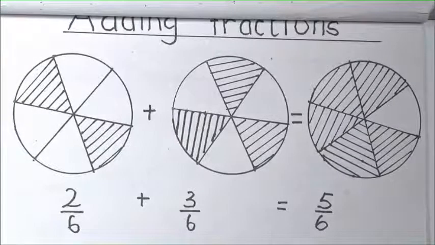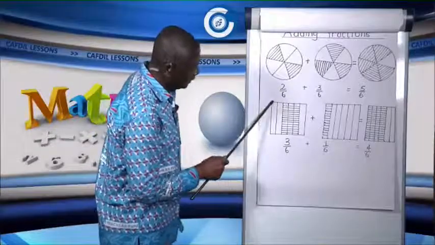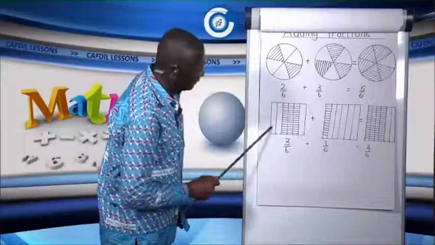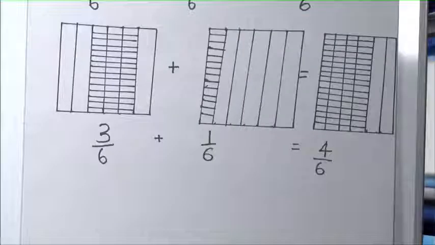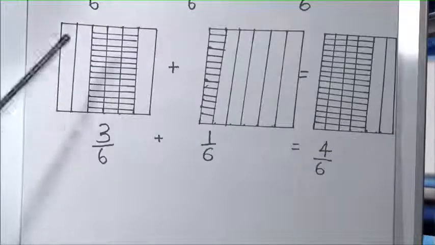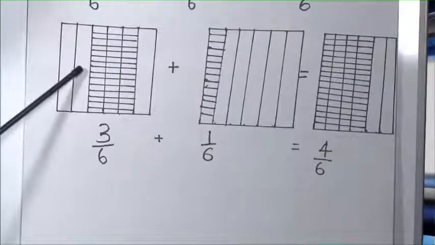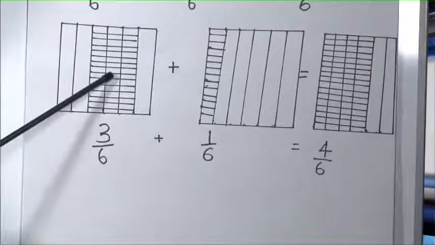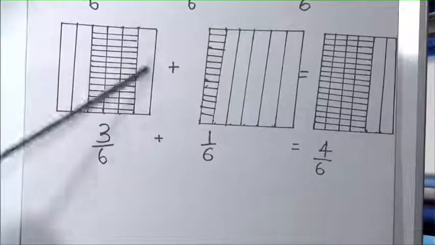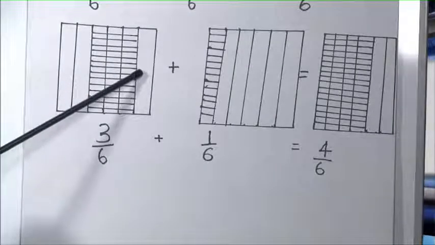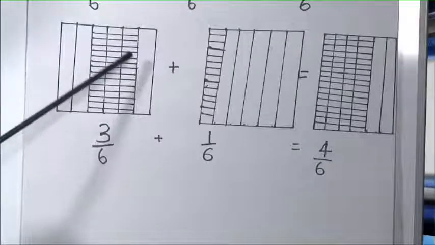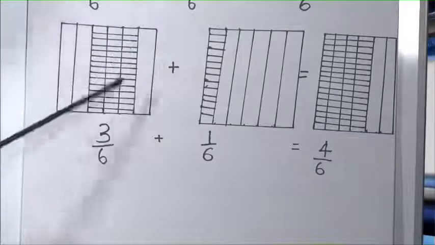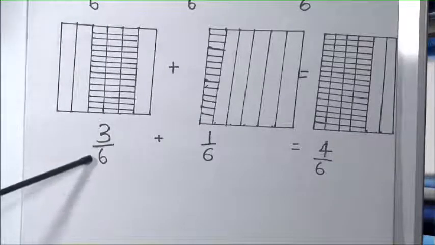Let us do another one. Look at this rectangle. How many equal parts do we have inside it? Let us count. 1, 2, 3, 4, 5, and 6. What fraction is this? 3/6. Very good.